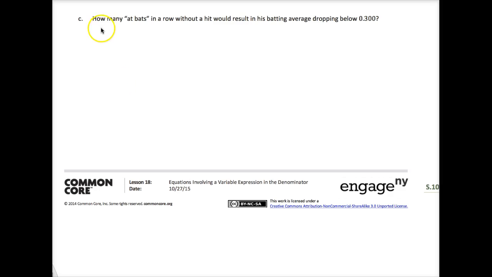Okay, now we're going to look at how many at-bats in a row without a hit would result in his batting average dropping below 0.300. So now we want him to get less than 0.300. So he's getting no hits in a row.